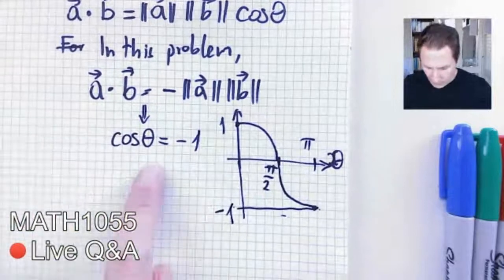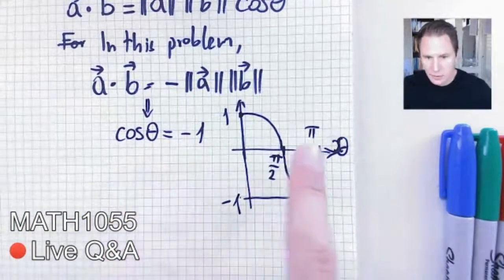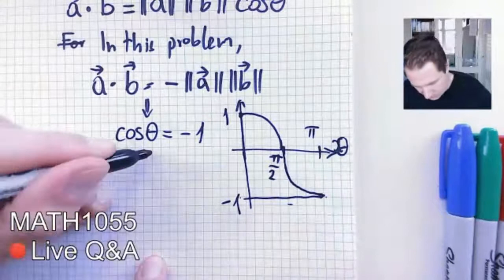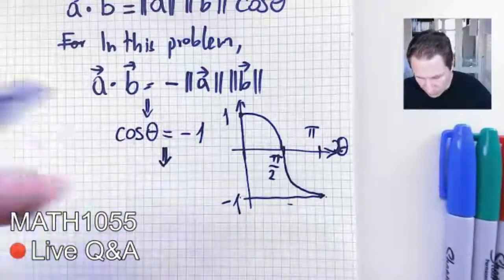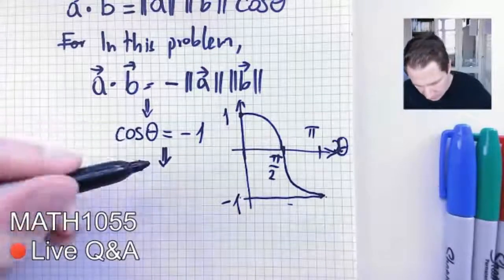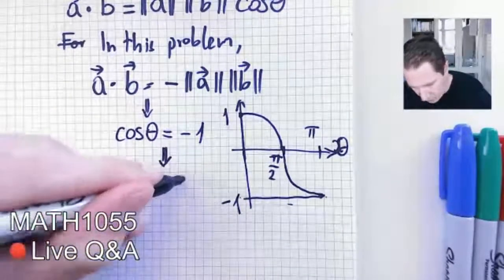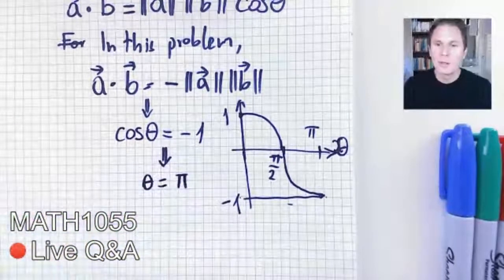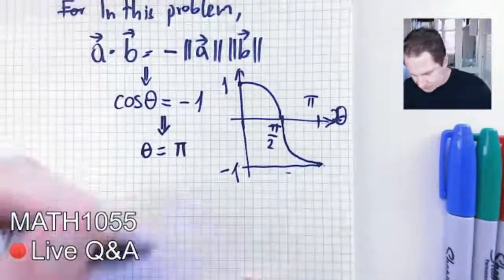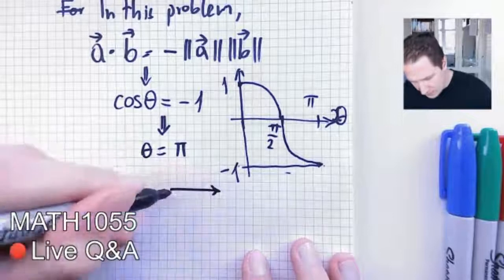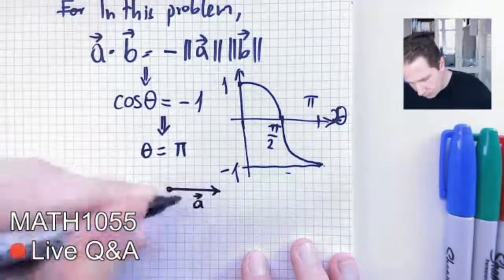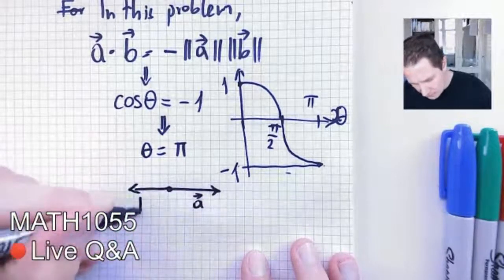So theta has to be pi, because we restrict the function to the interval between 0 and pi. So the angle between these two vectors must be pi radians, or 180 degrees.